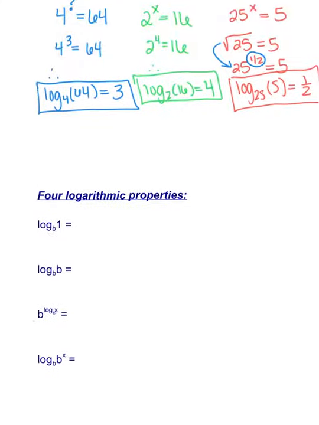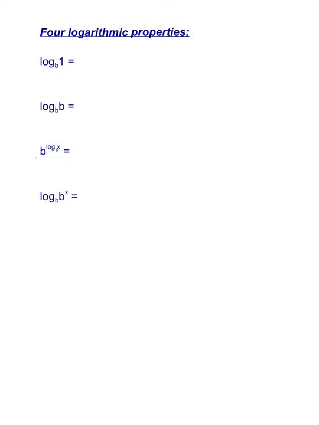Next, what I want to do is go over 4 properties of logarithms. The first 2 we're going to be able to prove pretty easily. It says log base b of 1 equals, for right now, let's put it equal to an x. I don't know what that is. Well, let's translate that. You're saying b raised to what power equals 1? And there's only one thing I could plug in for x that's going to make this true, and that's going to be 0.